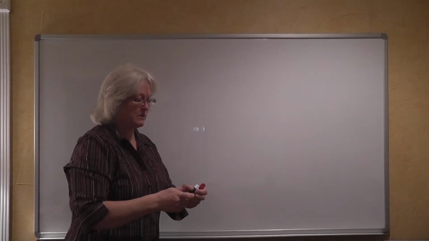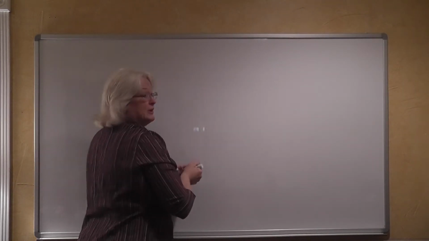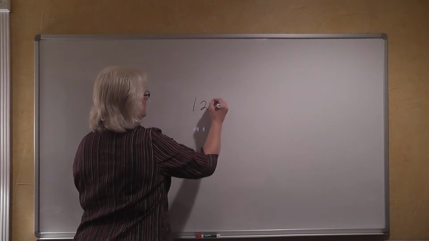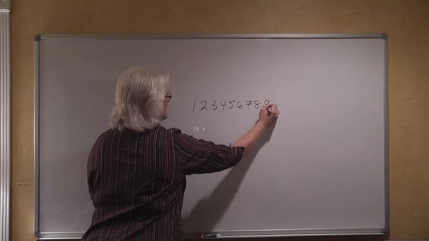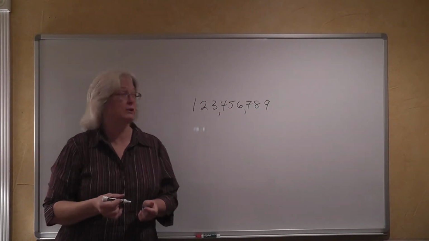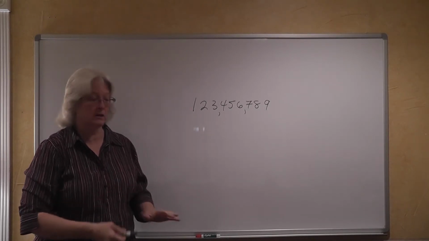Let's look at this great big long gigantic number, but not with a green pen. I have 1, 2, 3, 4, 5, 6, 7, 8, 9 digits: 123,456,789.